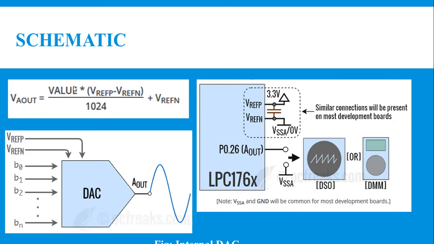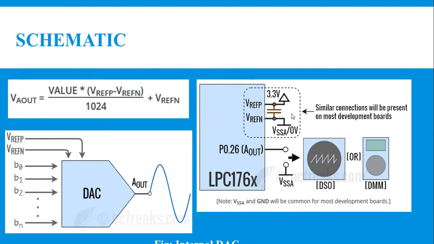That value can vary from a minimum of 0 to a maximum of 1023 in decimal. The 1024 is because we are using 10 bits to place the value in the DAC register, and 2 power 10 is 1024, so 1024 different values can be placed in those 10 positions of the DAC register.